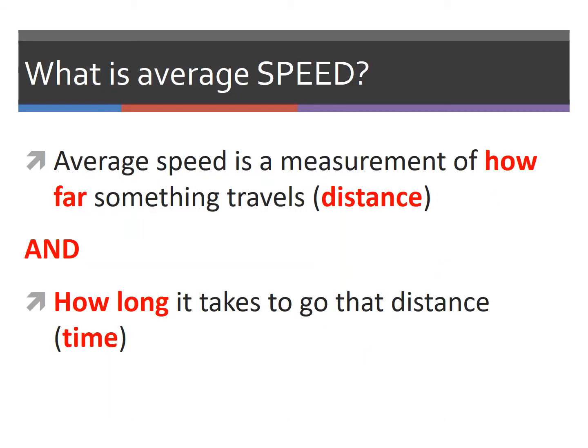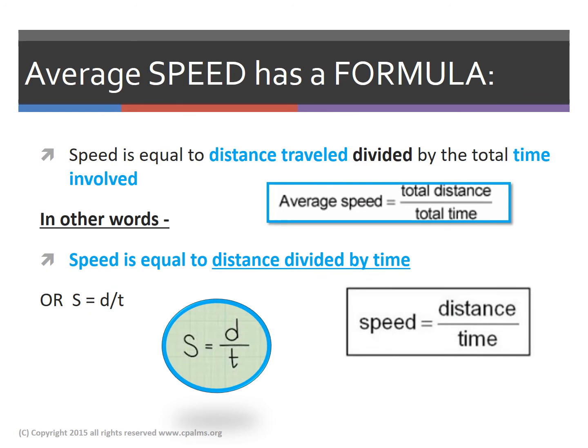So what is average speed? Well, it's a measurement of how far something travels, so the distance, and how long it takes to go there, so the time. Average speed has a formula, and I'll attach your formula chart once again so y'all can look at it.